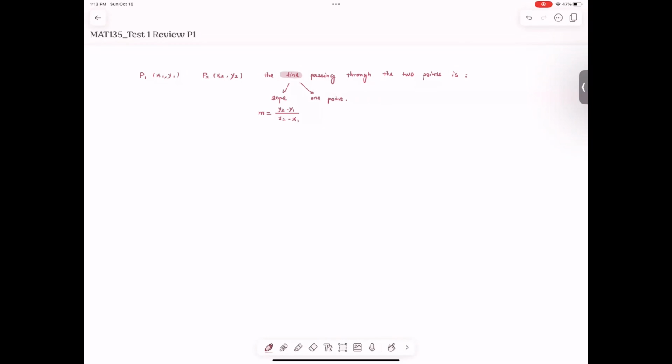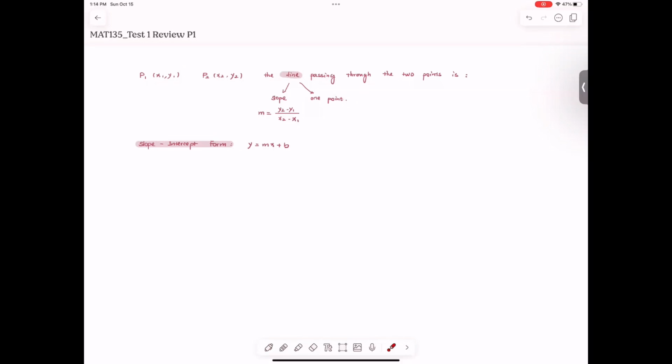It's called slope-intercept form. Everyone's familiar with this. To find this, you also need to find b by solving the equations, so you would plug those two in and find b.